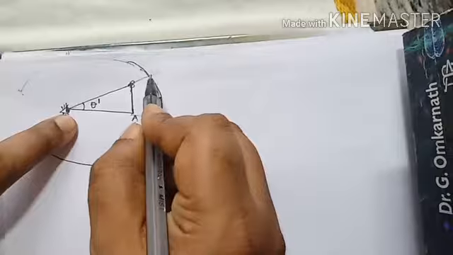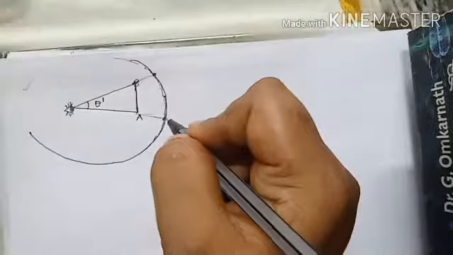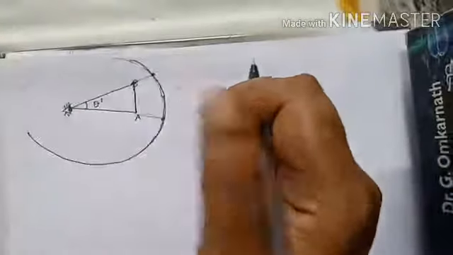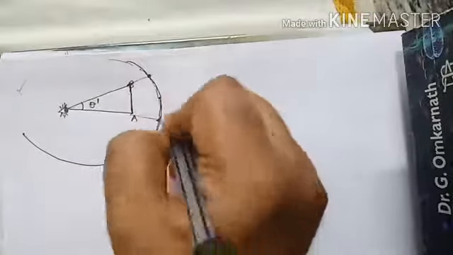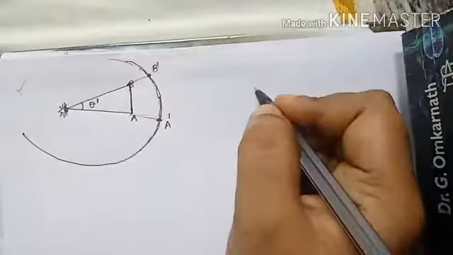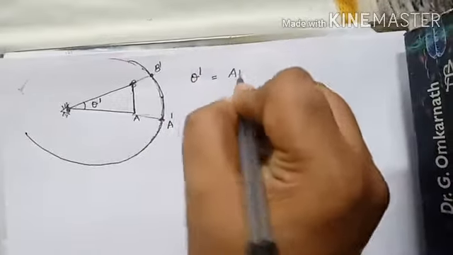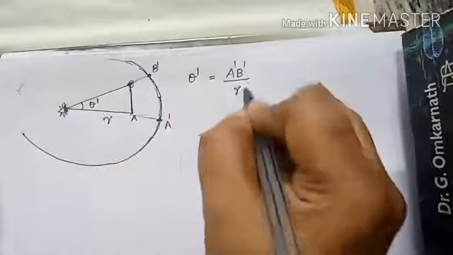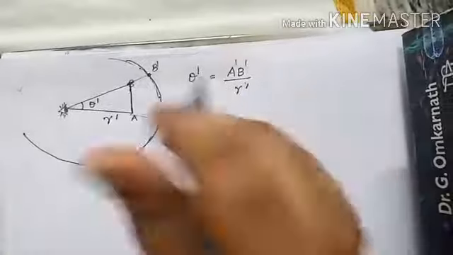Now, when it projects, this becomes your arc length. Does the angle change? No, it doesn't change. You are just projecting it to a circle. Let's say this is your A dash and this is your B dash. So what is theta dash as per the earlier section? It is arc length A dash B dash divided by the radius, say R dash. So this is measurable. This is how you find the plane angle.